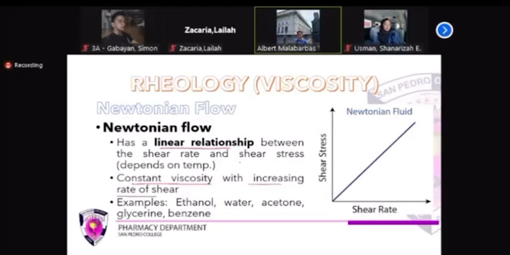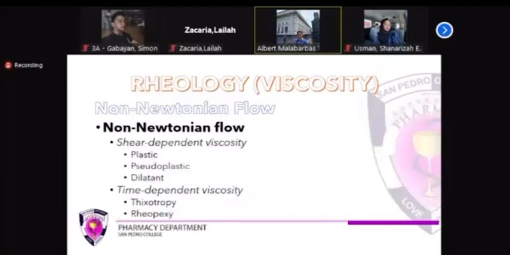This means no matter how much shear stress or force you apply, even if you shake it, its viscosity remains constant. There is no change in its viscosity. However, for a non-Newtonian flow, there are changes in viscosity as the force you apply changes.